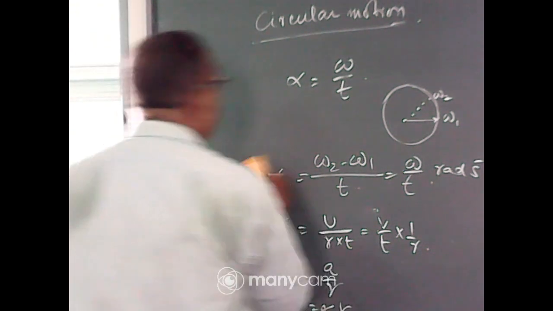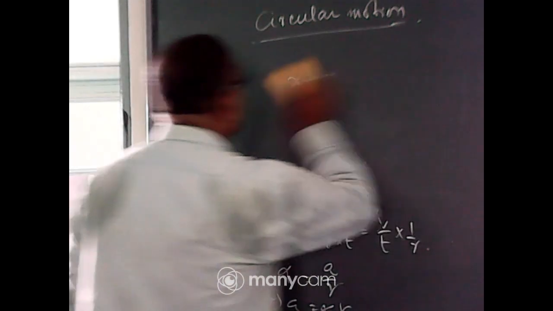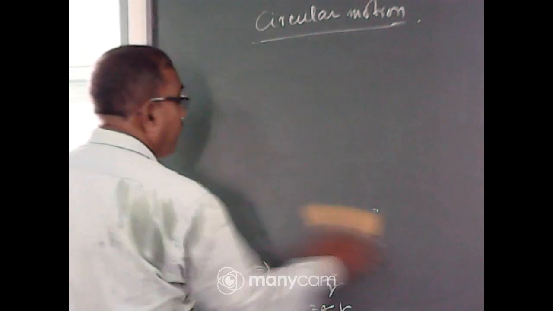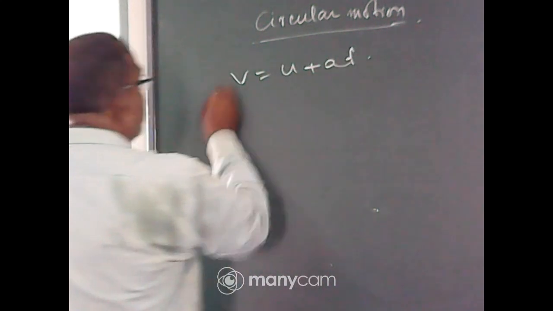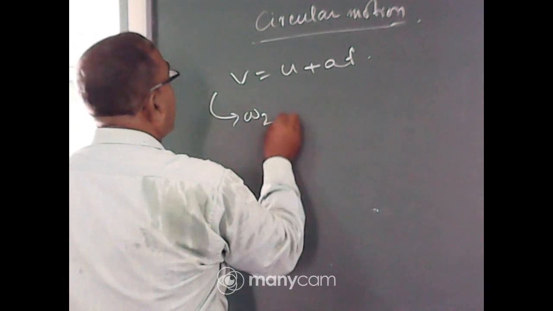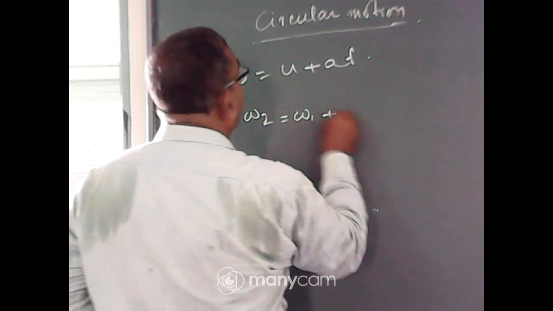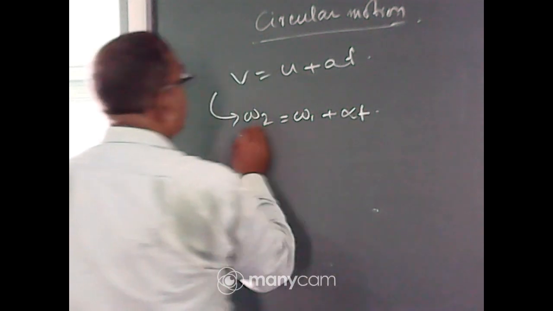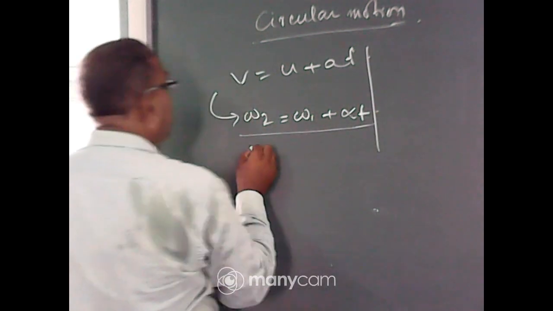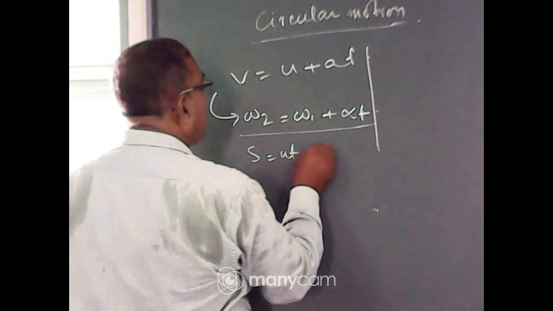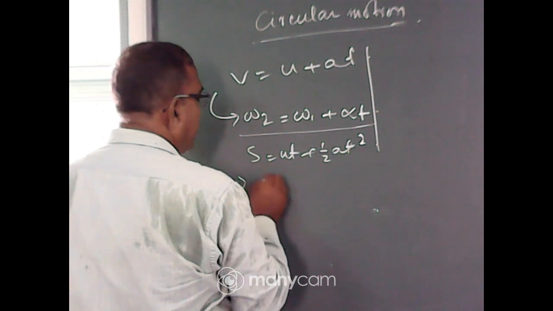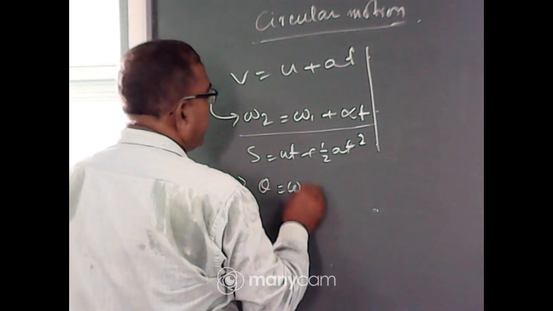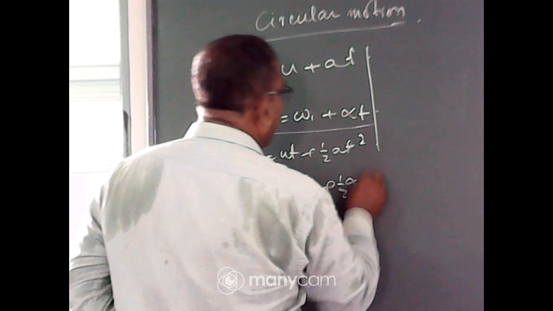So, my dear student, if you try to form the equations of linear and angular motion, v equals u plus at is written in angular form as omega 2 equals omega 1 plus alpha into t. Similarly, s equals ut plus half at square becomes theta equals omega 1 t plus half alpha t square.